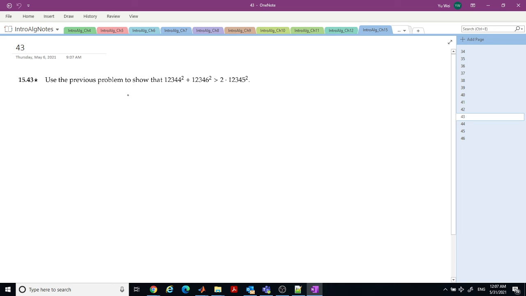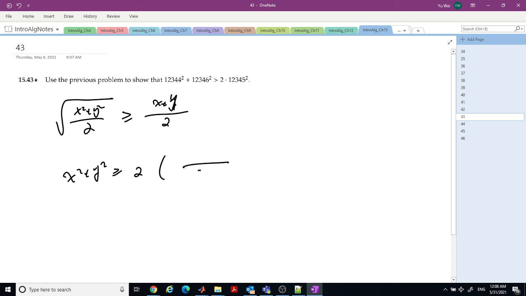So we want to use the previous problem to show this, right? So we know (x squared plus y squared) over 2 will be greater than or equal to ((2x plus y) over 2) squared. That means x squared plus y squared will be greater than 2 times (2x plus y) squared.